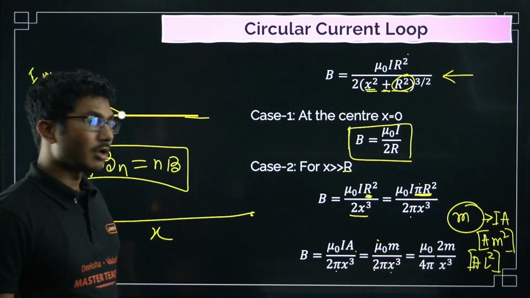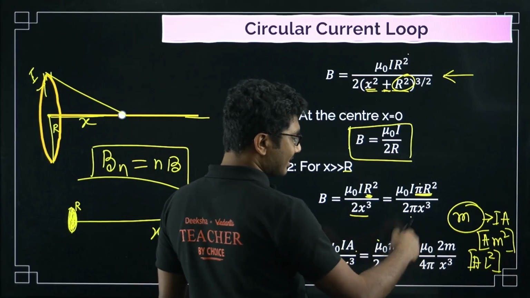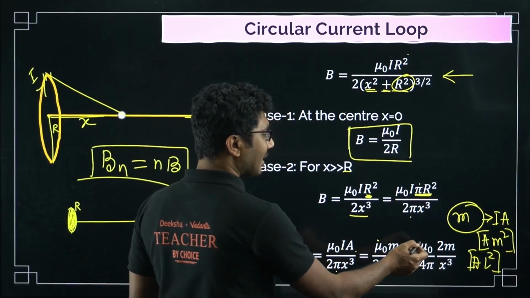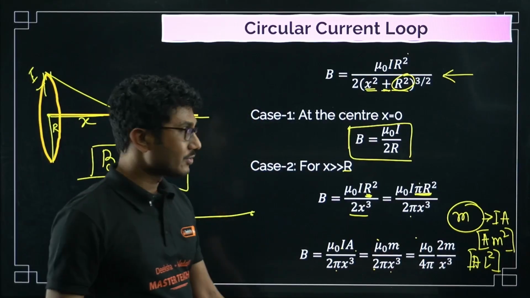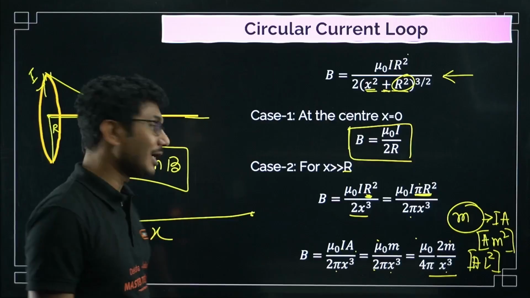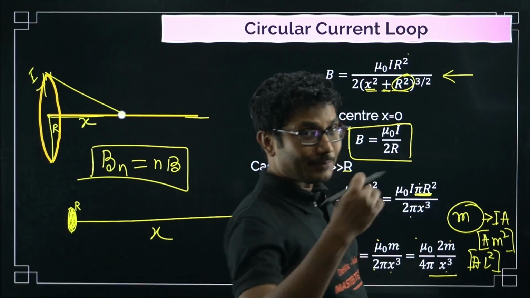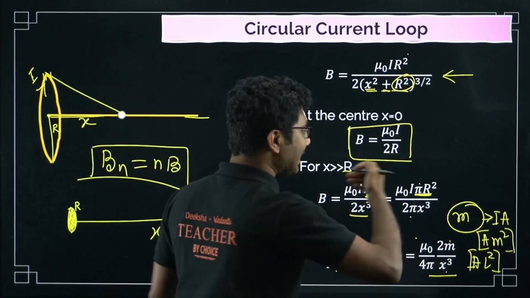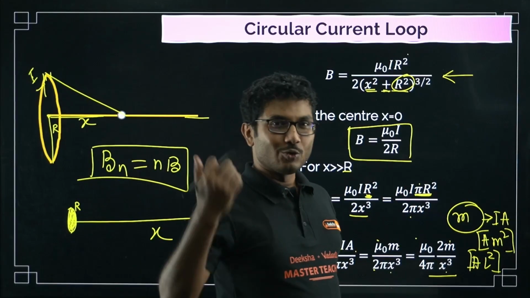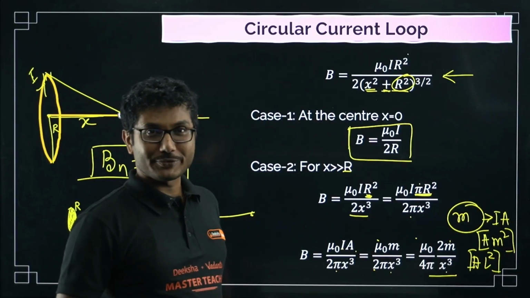Based on this, I have seen a lot of questions coming in your KCET exam, and for standardization, what we have done is write mu naught by 4 pi, which is a constant value, into 2m by x cube. This is similar to the axis of a dipole. If you remember, the axis of a dipole was 2p by r cube, with 1 by 4 pi epsilon naught.